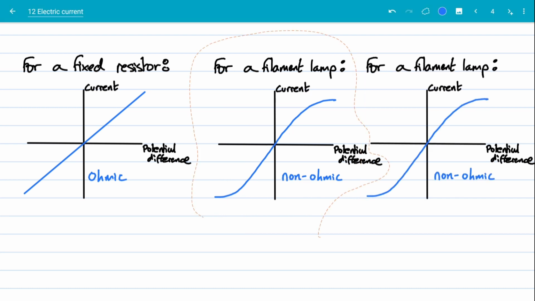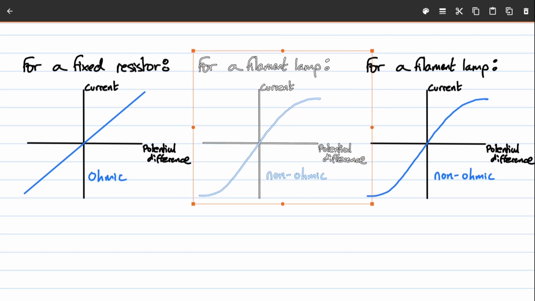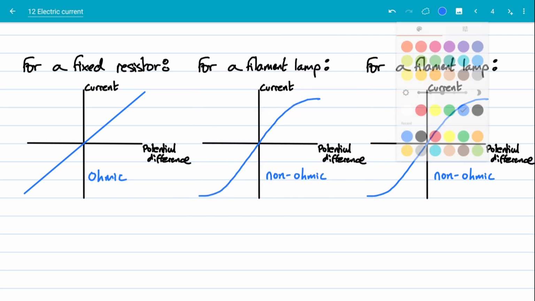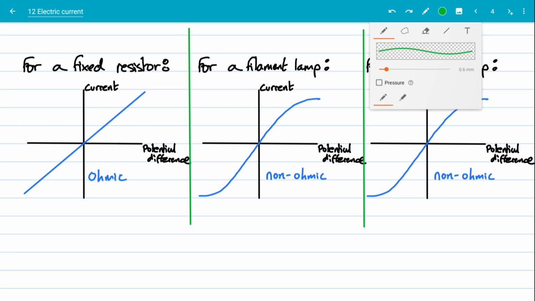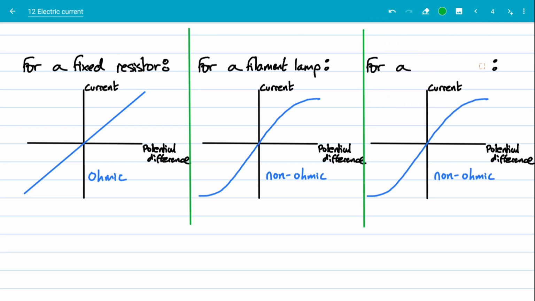I'll draw some lines like this, just so we can separate these different components. There we go. Let's rename this diode.